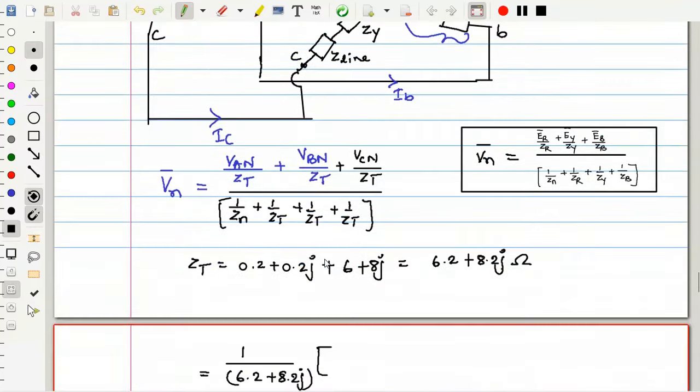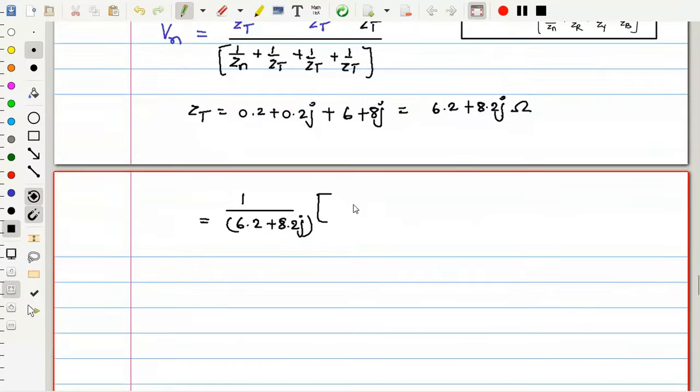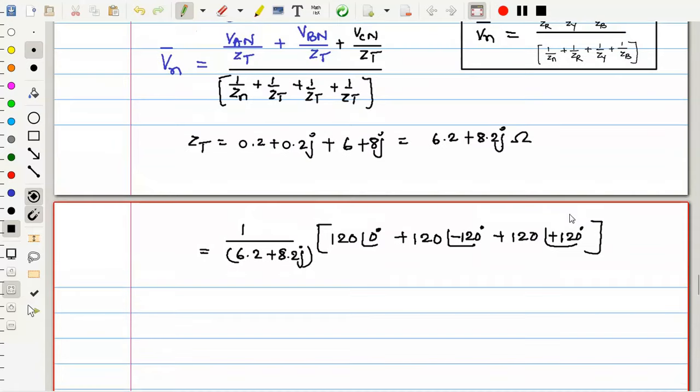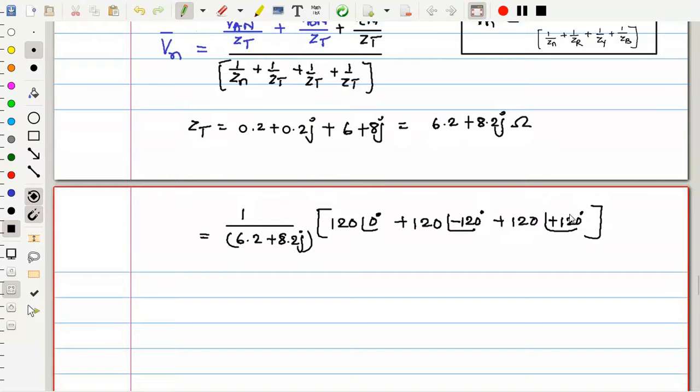I can take 120 common if you want, but let me write 120 at an angle 0 plus 120 at an angle minus 120 degrees plus 120 at an angle plus 120 degrees, or minus 240 degrees. This is VAN, VBN, VCN.